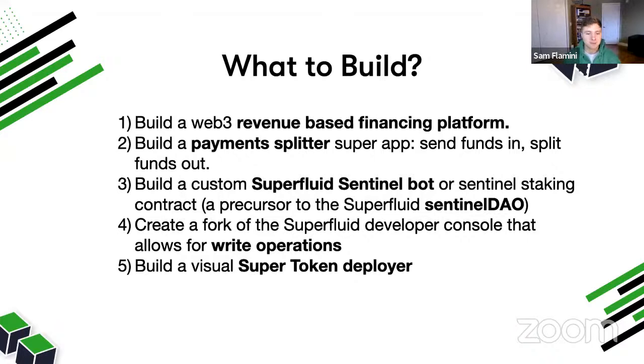We're also interested in things like payment splitters. There's stuff around Superfluid Sentinels that I didn't even have time to get into that I'm happy to explain, but I think that's a big opportunity. And then also tooling for our community, I think, is really important. There have been some people that have made amazing contributions to our community tooling. And if you do that, we're definitely going to highlight your project no matter what to our community.